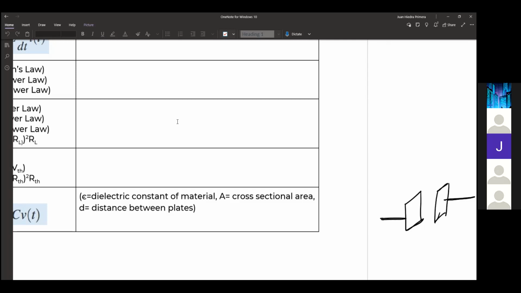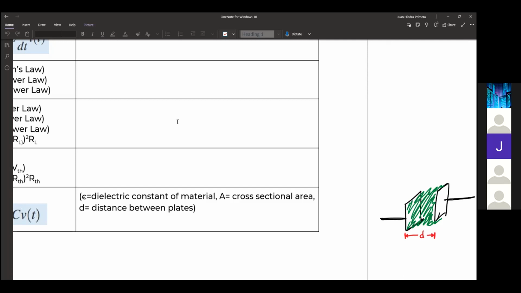So for the capacitor, you have these two parallel plates, usually made of a conductive material. And on the inside between them, you have something called a dielectric. Usually it's actually a paste, so I represent it with the green in the middle here. And you have them a distance apart. The distance between the two plates is your D variable for the capacitance.